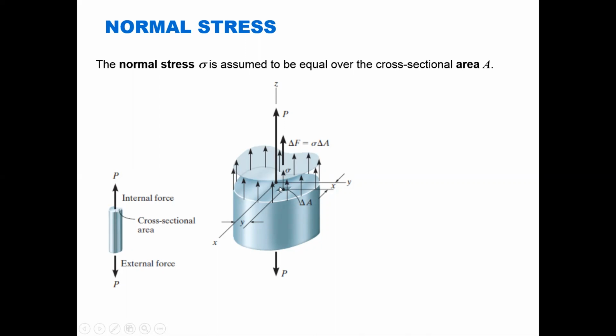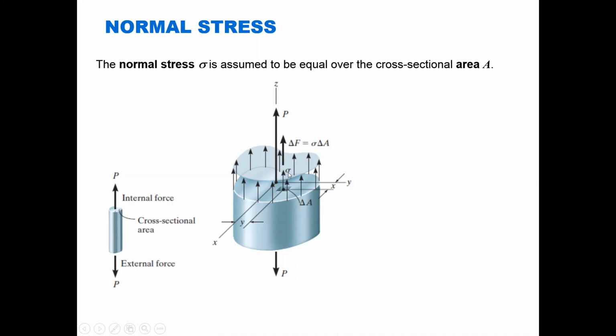If we were to look at a particular area, a differential area, some delta A here, where there's a certain width and length to this square, it might have units of inches squared or millimeters squared. That would be the area that the stress would act on.